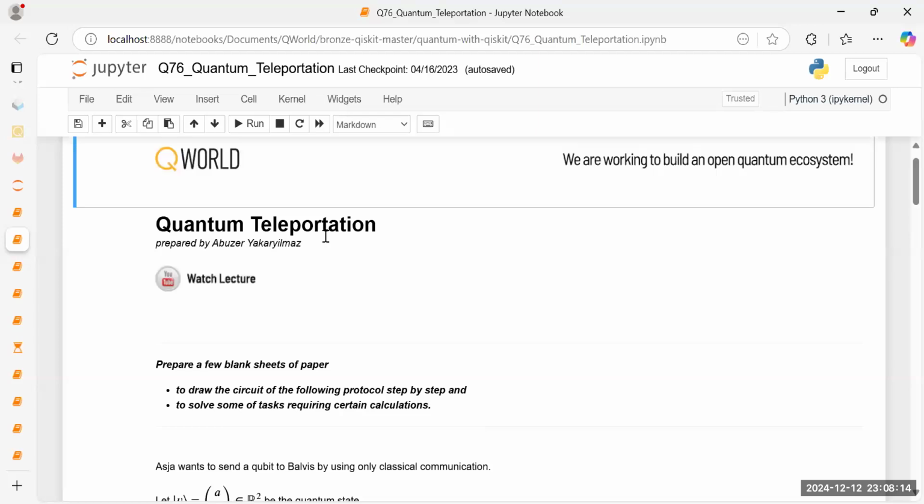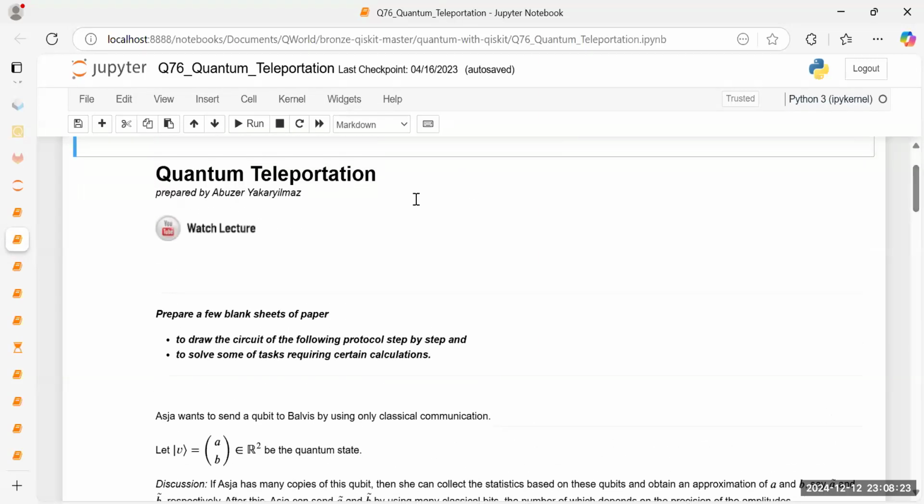Okay, so here we're going to look at quantum teleportation. For those of us that like watching sci-fi movies, we've definitely come across teleportation, whereby an object is instantly moved from one location to another.